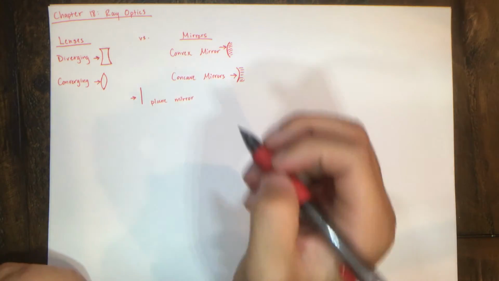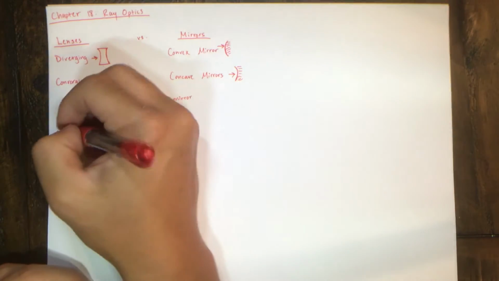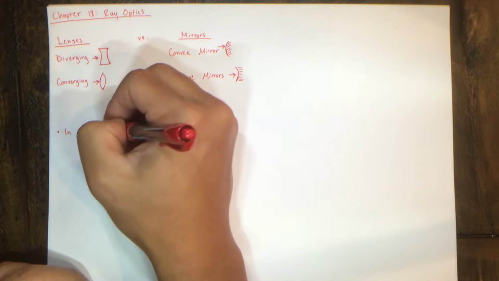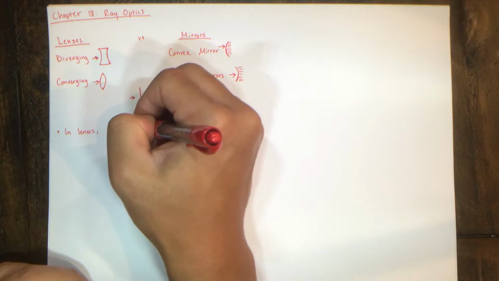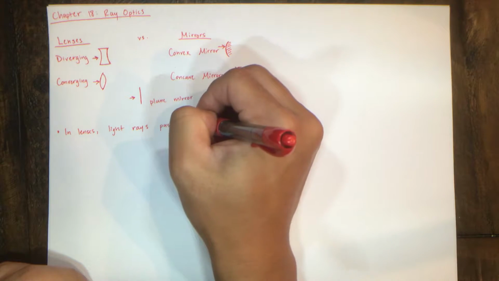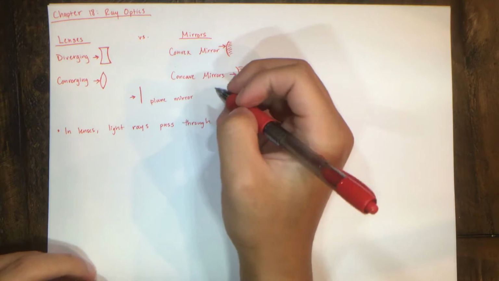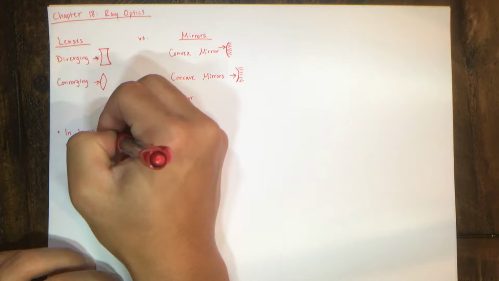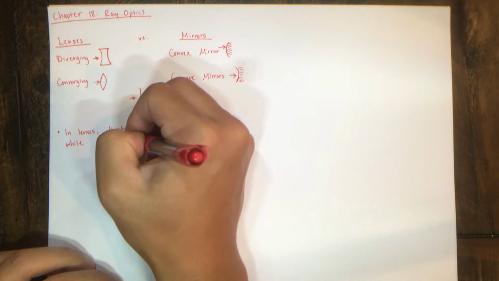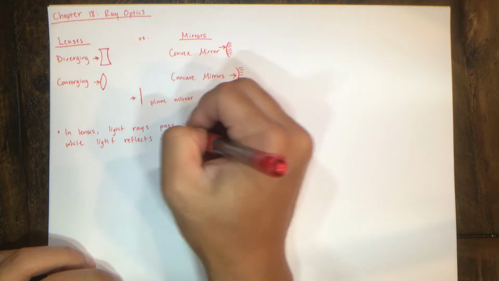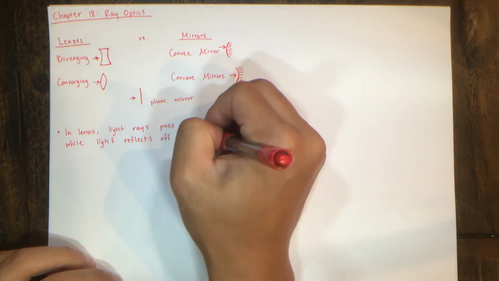Something to remember is that in lenses, light rays pass through, while light reflects off of mirrors.